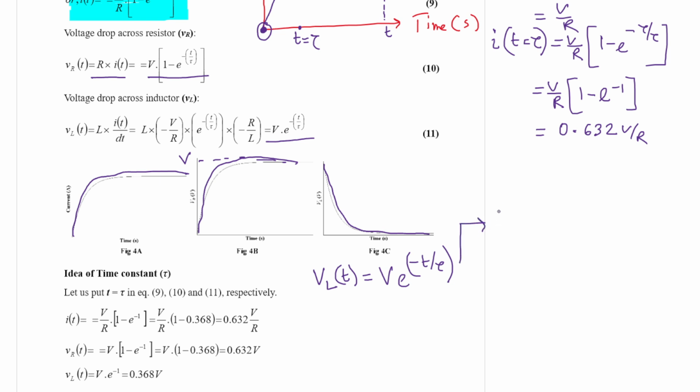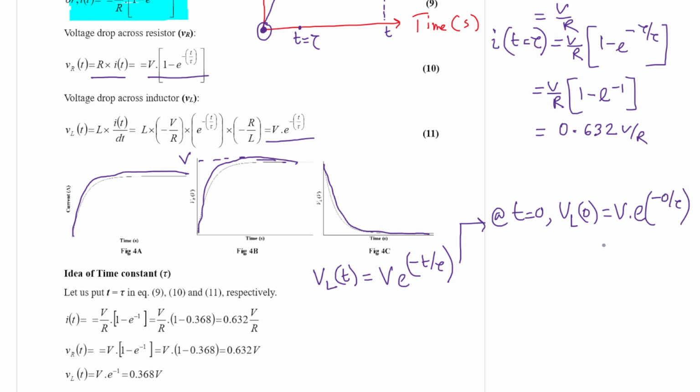At t is equal to 0, let us find VL0, that will be equal to V into e to the power minus 0 by tau.